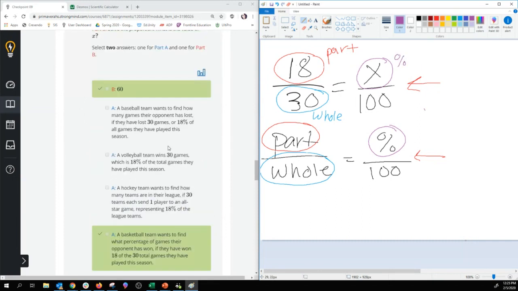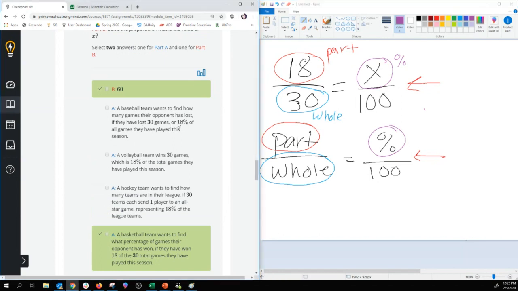So when I read through these answer choices, I'm looking for a few things. I want to have something where I don't know what the percentage is, because that's where my variable is. I want 30 to be my whole or my total, and I want 18 to be the small part of it.